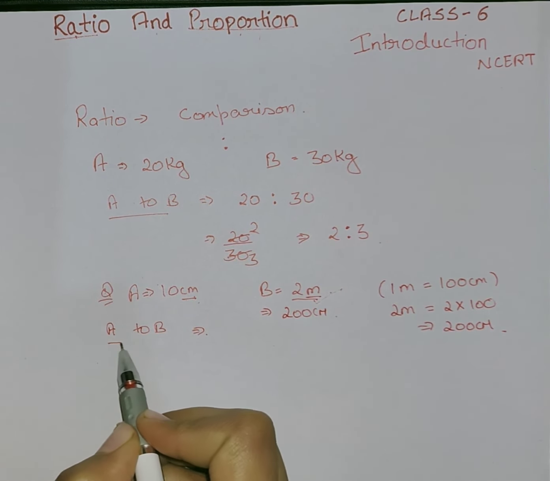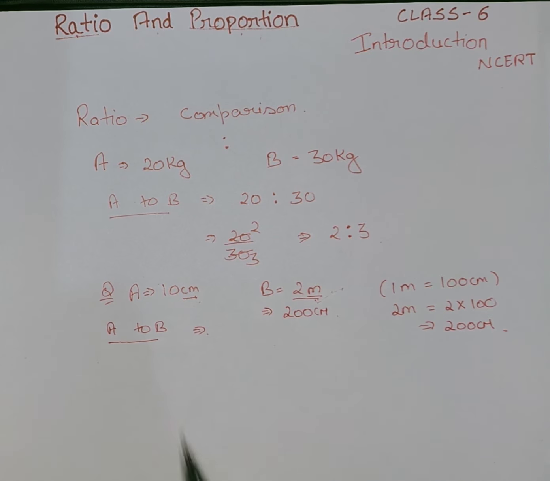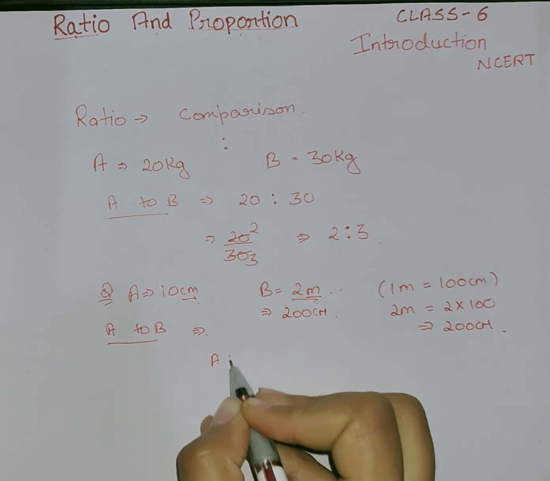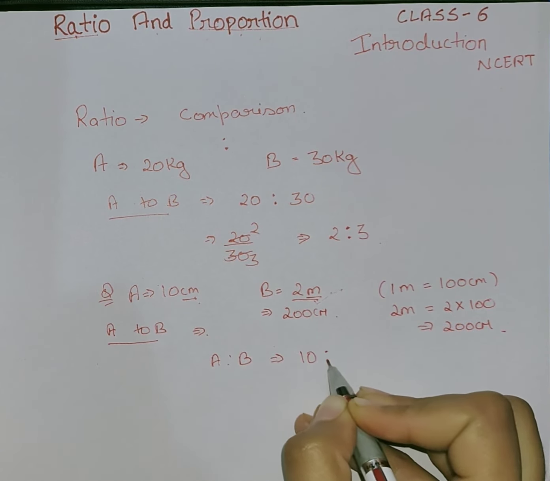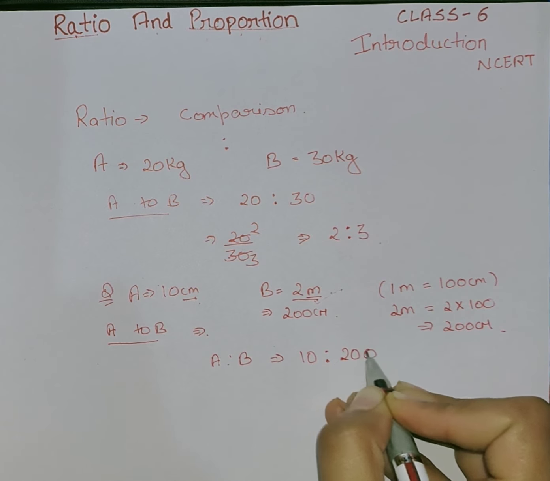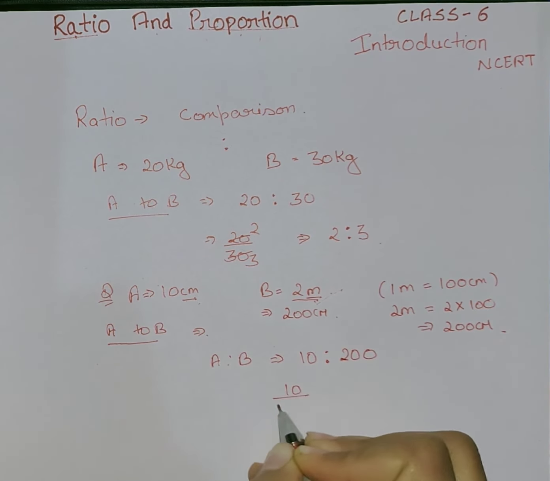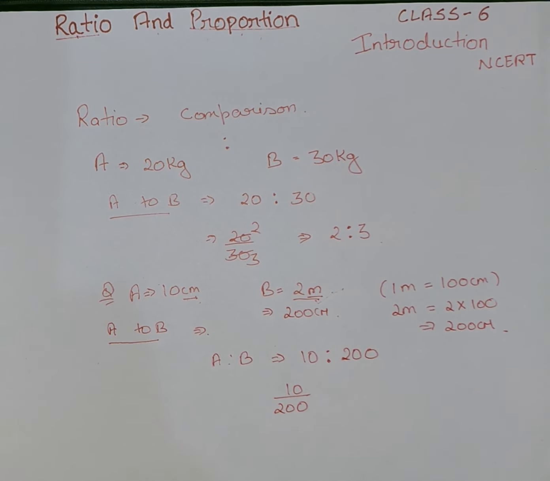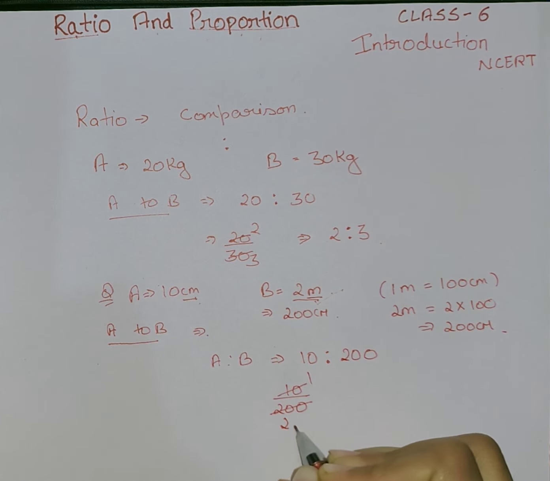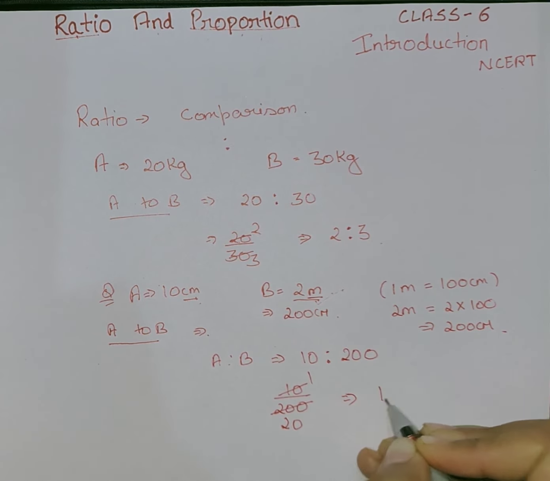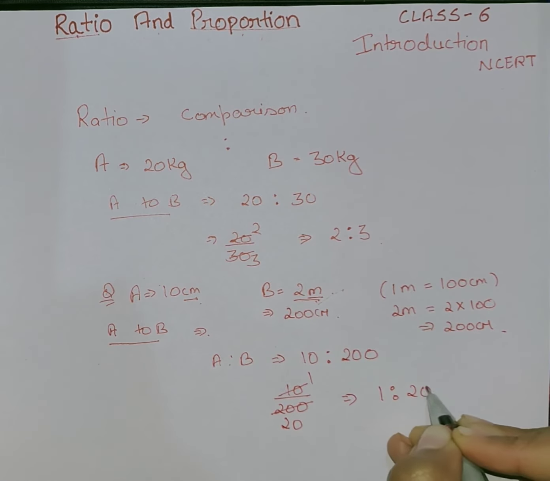Now you have to find the ratio of A to B. So A ratio B, the value of A is 10 and the value of B is 200, that is 10 upon 200. You can cut it with the table of 10. 10 ones are 10, 10 twenties are 200. So your answer is 1 ratio 20.